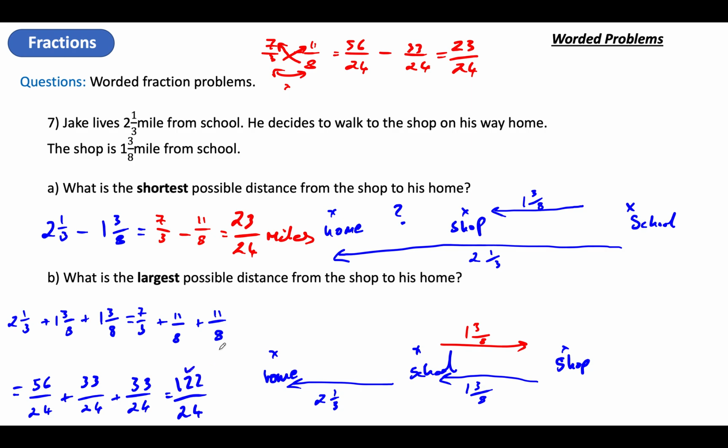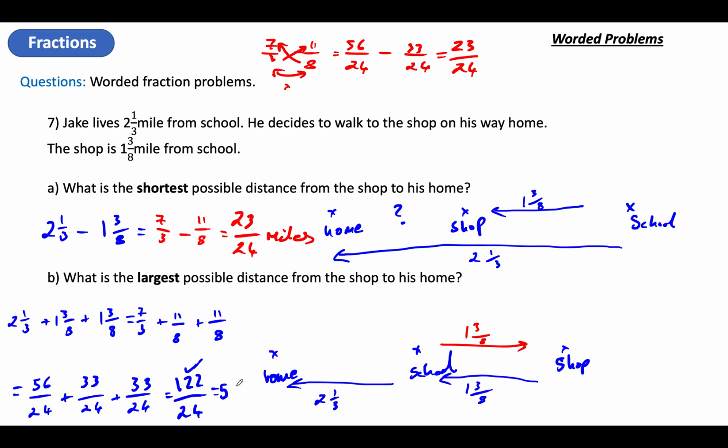Now, if you got that far, just give yourself an amazing pat on the back. If you didn't, but you've managed to follow what I've done, then that's also awesome. You might have changed it back into a mixed number, which would be how many 24s go into 122? Well, that would be 5.